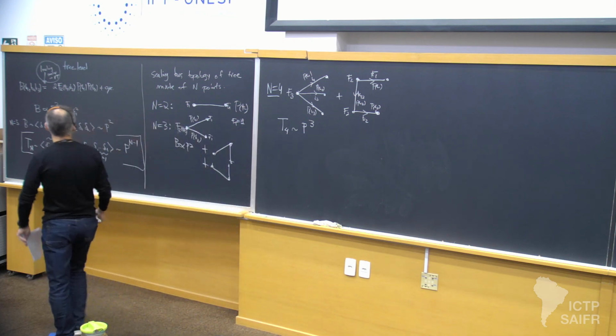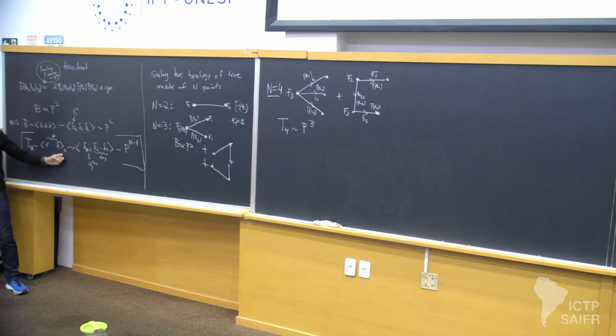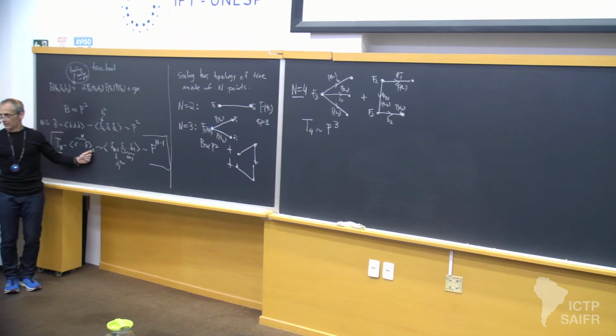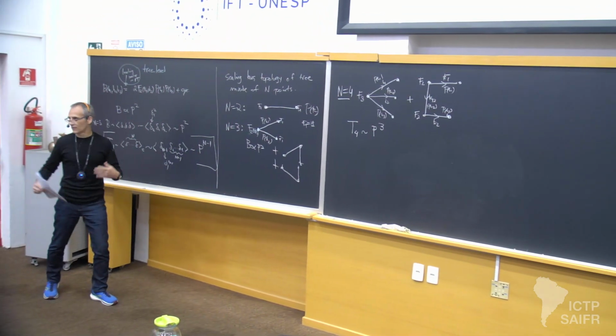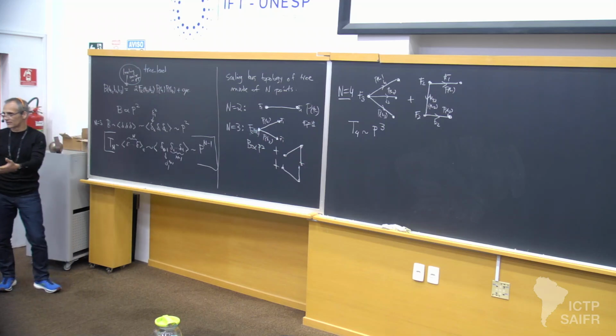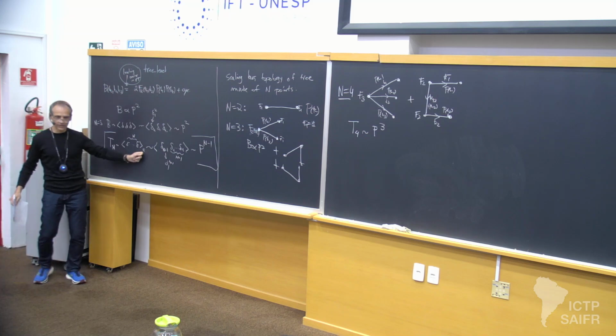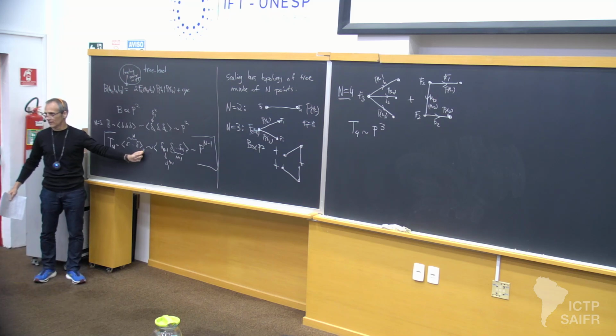No, but you cannot make it connected. Yeah, so he's asking why here I'm not putting a delta 2, for example. It has to be connected. Otherwise, it will be an unconnected diagram, which is already non-zero in a Gaussian field, as long as the total number of fields is even. So we are calculating non-Gaussianity, so we are calculating connected ones.